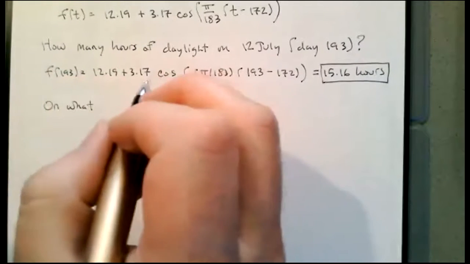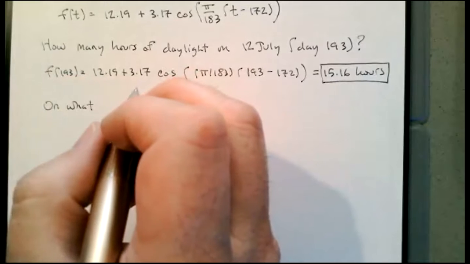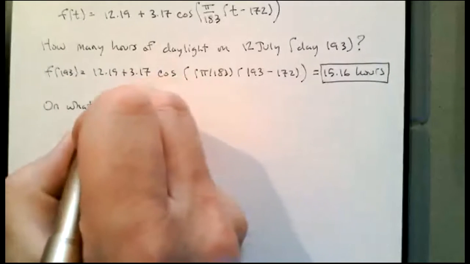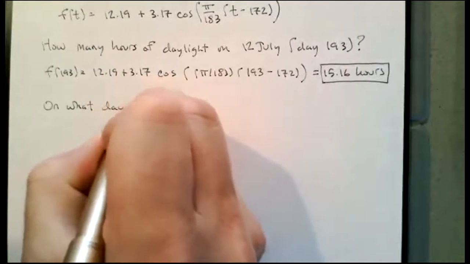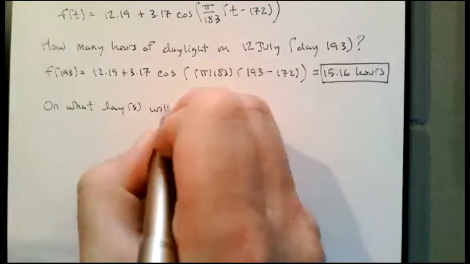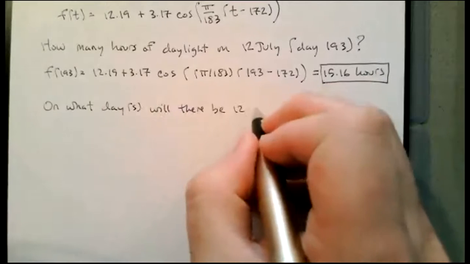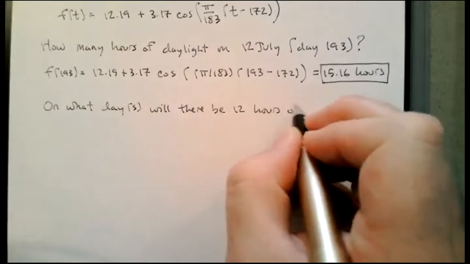I want 12. I had to pick a number and I got stumped on picking a number. On what day or days will there be 12 hours of daylight?